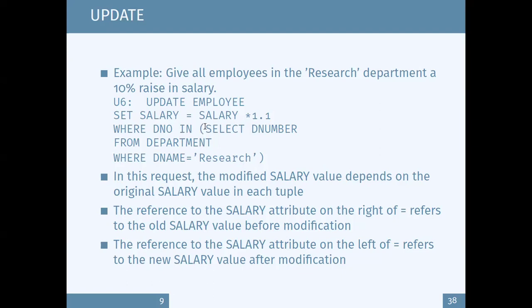So if you read the inner query here, simply you are going to select the department number from department where department name is research. So you select the research department. And we are going to update the employee salary by increasing 10% where the department number here. So this part will retrieve the department number, and those who are in the research will be given a 10% salary rise.